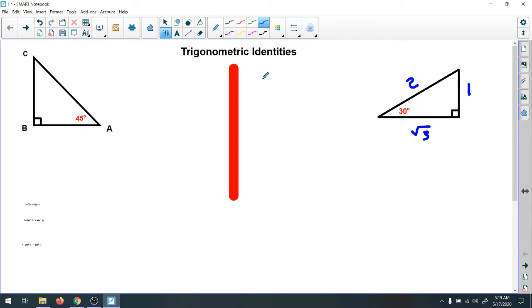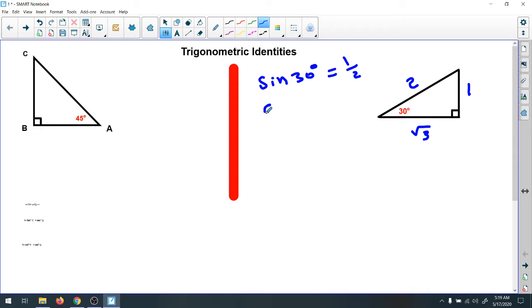Now we know what sine is. Sine of 30 degrees equals the opposite divided by hypotenuse, which is a half. And cosine of 30 degrees. Cosine, as you know, is adjacent divided by hypotenuse.